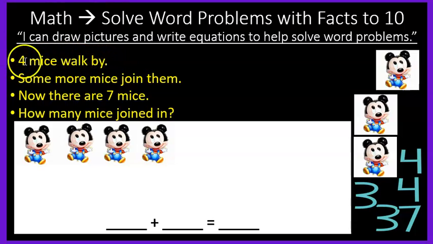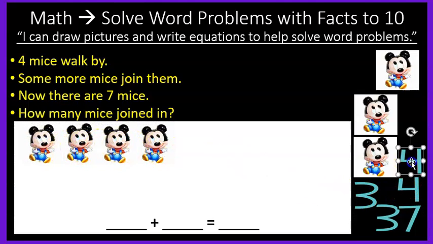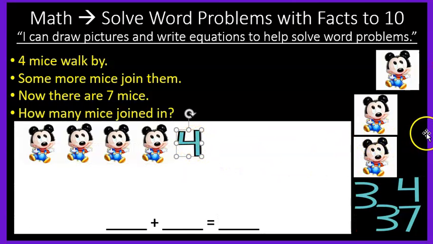So we're finished now with this first statement. Now, we have 4 mice here. Now we have to put number 4 here so that you know there are 4 mice there all together, okay? Now, this should be looking familiar to you because yesterday I went over this, okay?